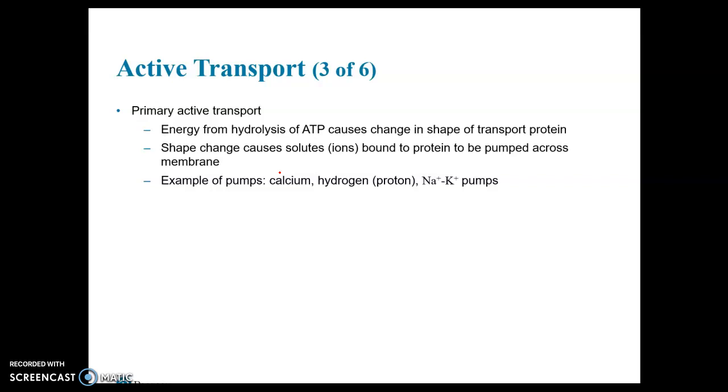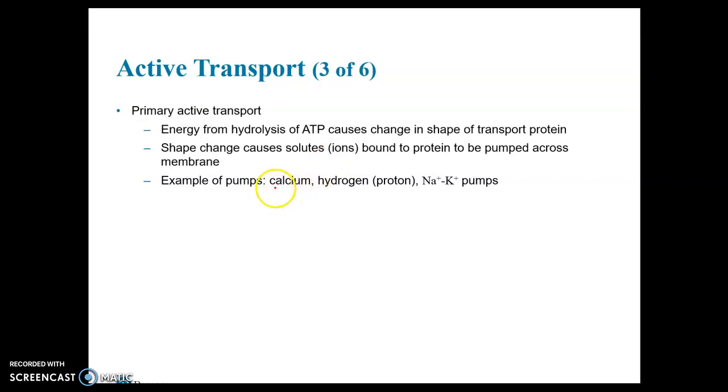In primary active transport, the energy comes directly from ATP breakdown. It causes solutes or ions bound to the carrier protein to be pumped across the membrane against their concentration gradient.